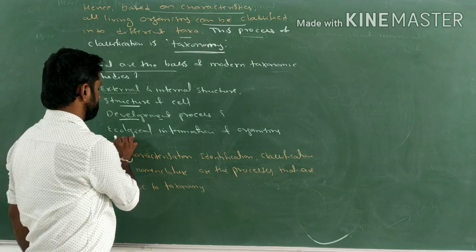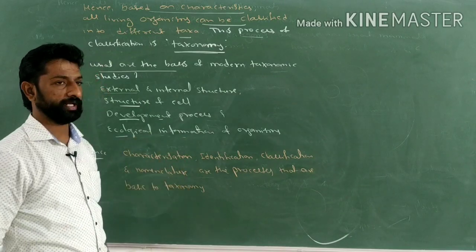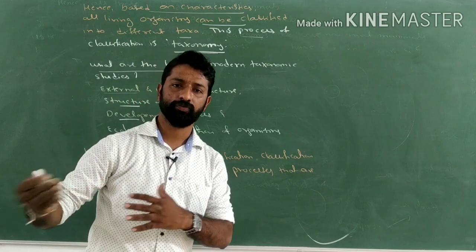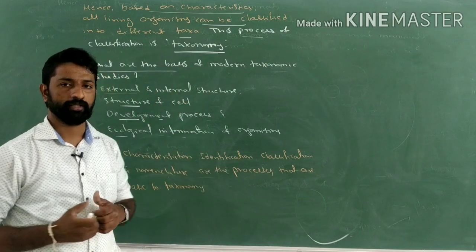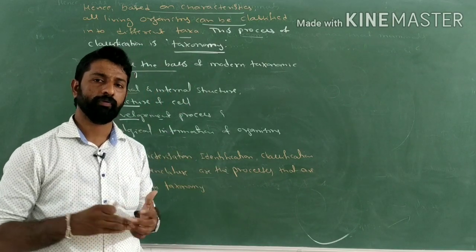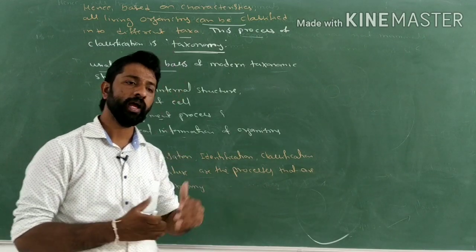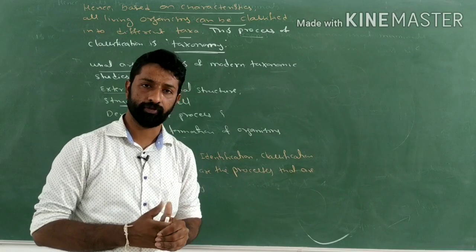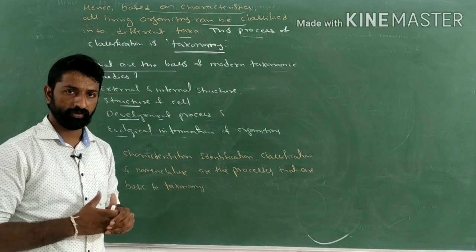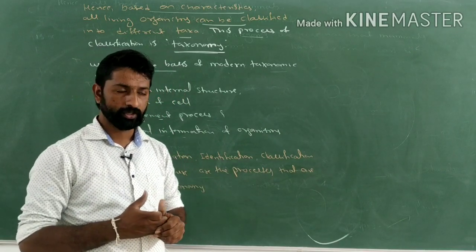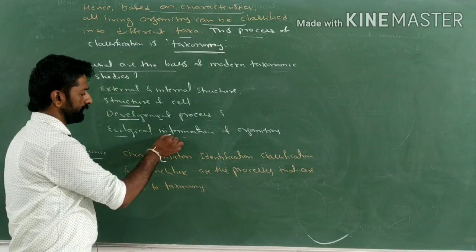Next is ecological information of that organism: how it interacts with the various cues and sources present in the environment, how it gets adapted for that particular environment, and what modifications it may develop in its body. All that comes under ecological information.